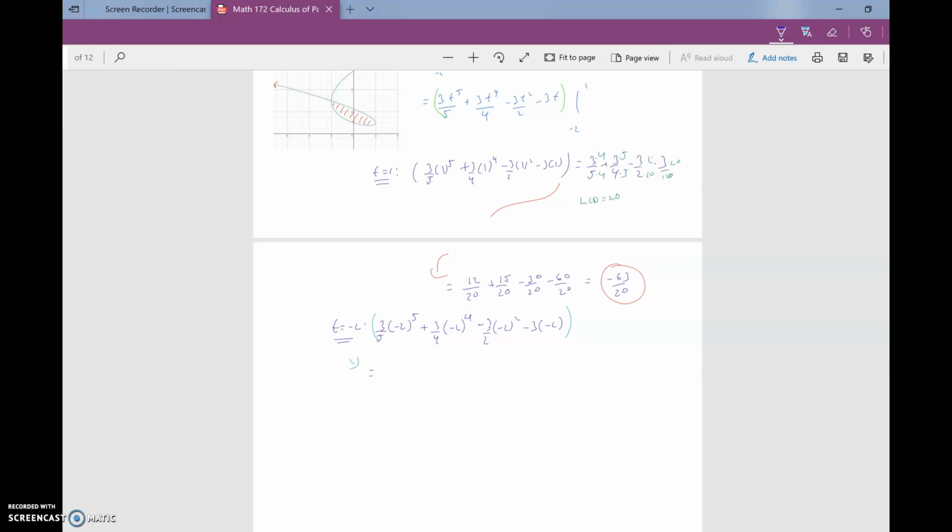This is going to simplify. 2 to the 5th is 32, and 32 times 3 gives 96 fifths. Then the second one is plus 3/4 times 16, and then minus 3 halves times 4, plus 6.